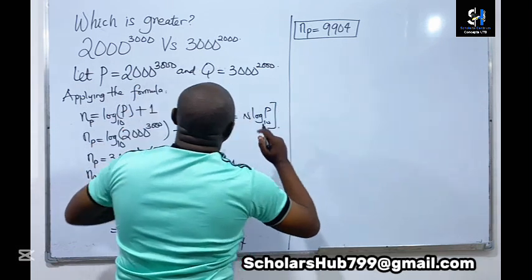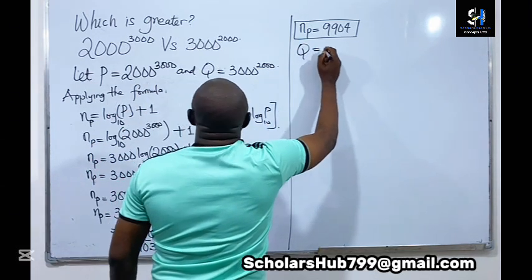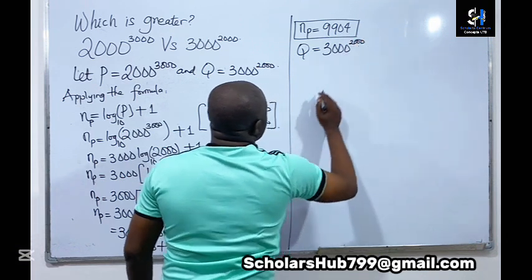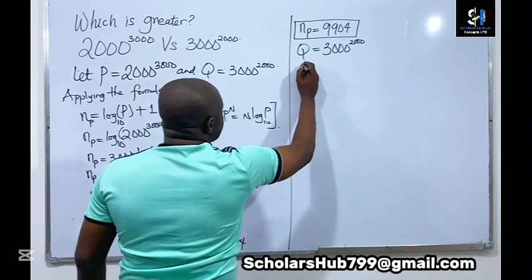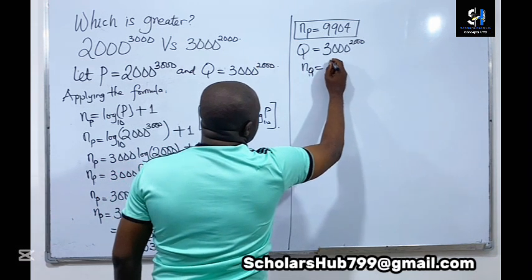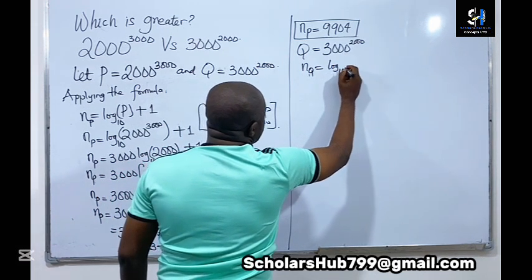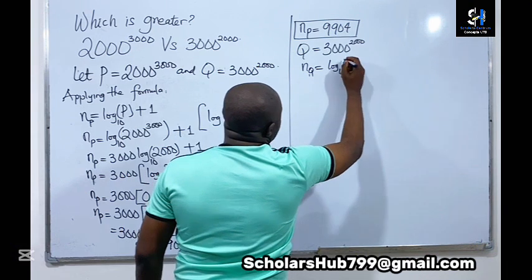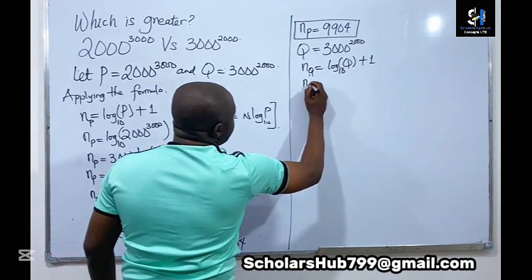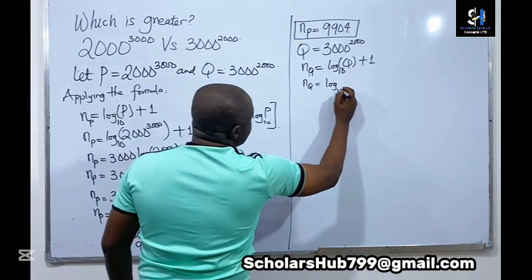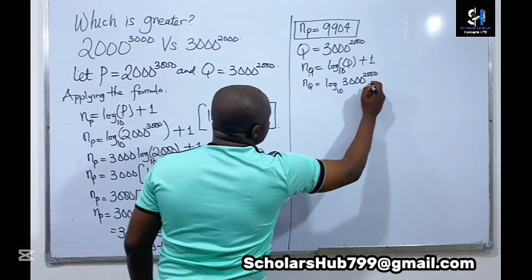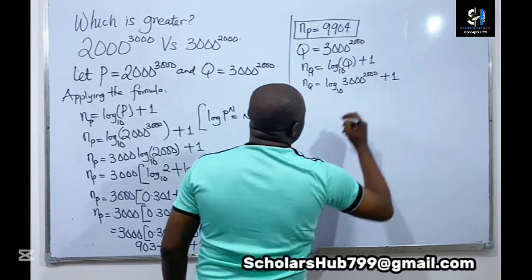All right, for the other one, we have Q, which equals 3000 raised to the 2000. We know that the number of digits will be log to base 10 of Q, plus 1. So we have the number of digits equals log to base 10 of 3000 raised to the 2000, then plus 1.